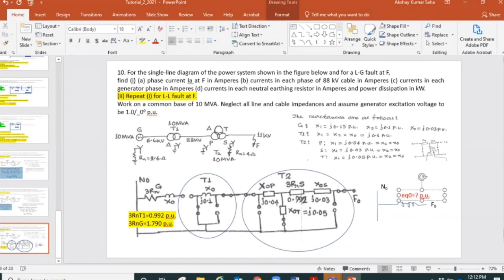So we can write it as Z equivalent, 0.992 plus j0.0668. That's what I have.